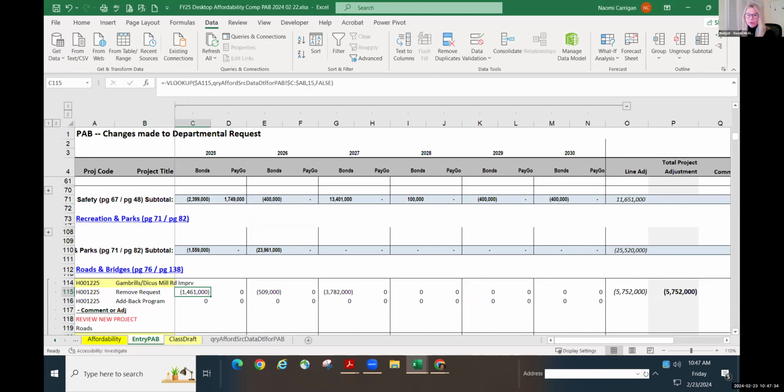Great question. So the enterprise funds, the solid waste and the utility funds, are kind of in their own silo. They generate their own revenues from user charges and fees, and in turn, they cover the expenses associated with that fund with those revenues. So they're kind of their own entity.